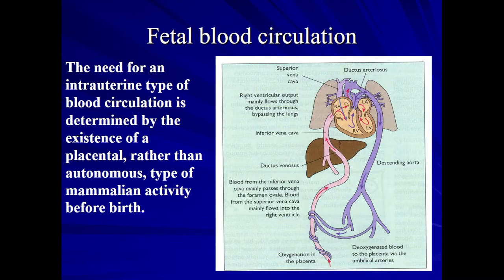You can see a very important part of fetal blood circulation: blood from the inferior vena cava mainly passes to the foramen ovale. Blood from the superior vena cava mainly flows into the right ventricle.